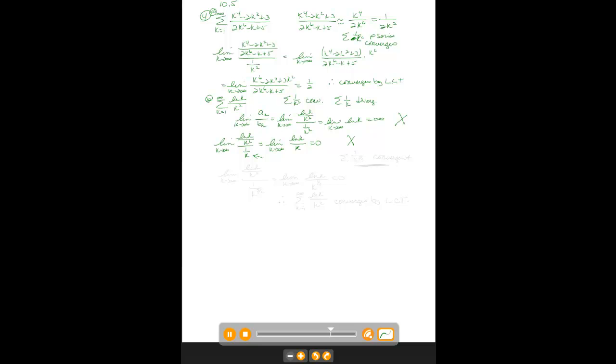So we need something between 1 over k squared and 1 over k. And a logical choice would be to pick 1 over k to the 3 halves. The summation of 1 over k to the 3 halves is still a p-series. It is convergent because p is greater than 1. And so let's work with that.